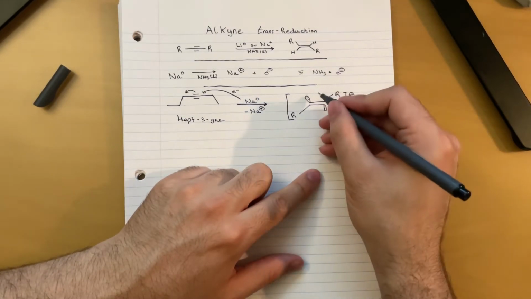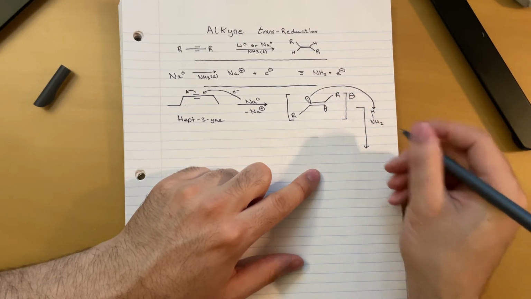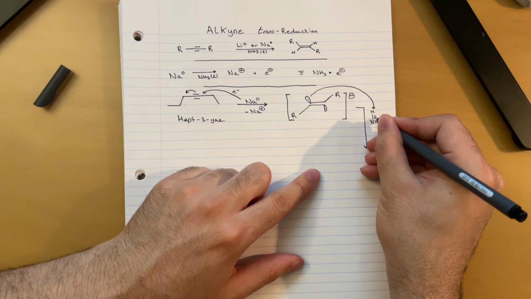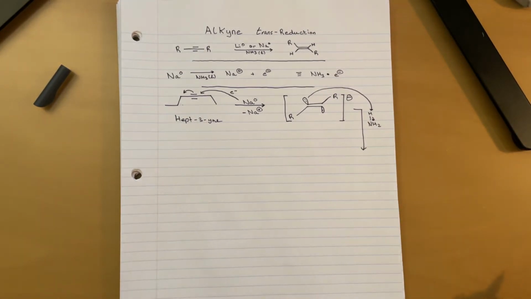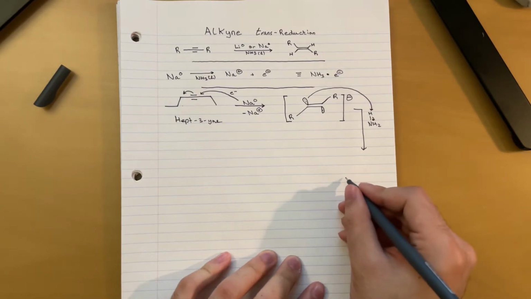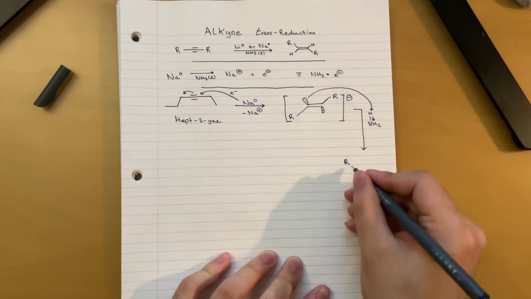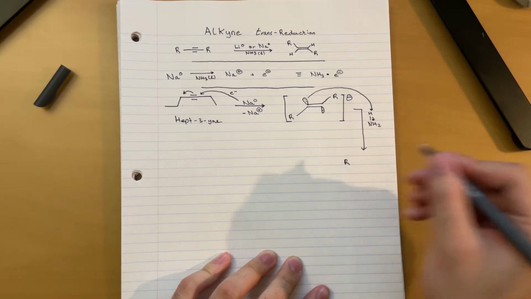So the electron here is going to snatch this hydrogen, and the hydrogen is going to leave its pair of electrons back to the nitrogen, and we're going to end up with this radical right here. Oh, I inverted it, whatever.